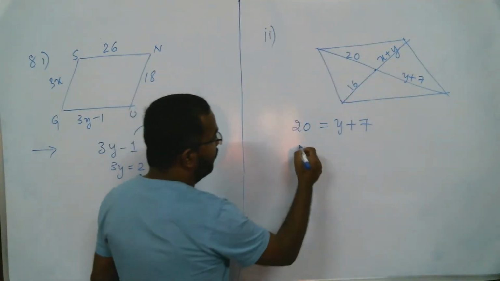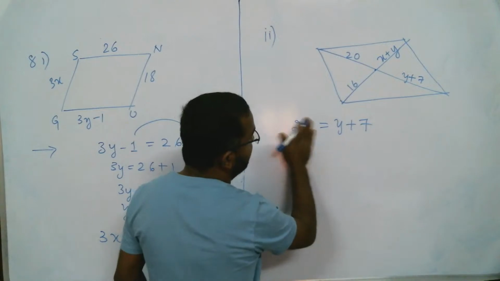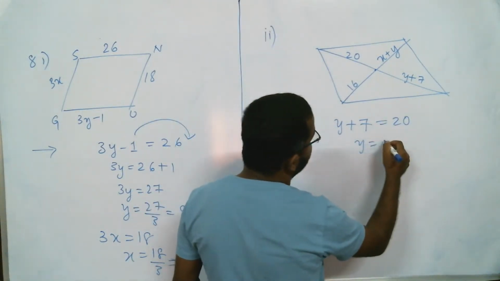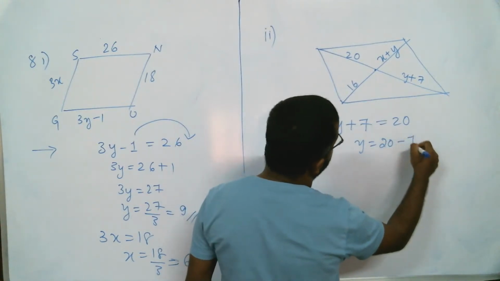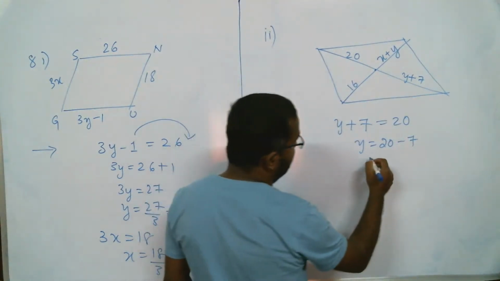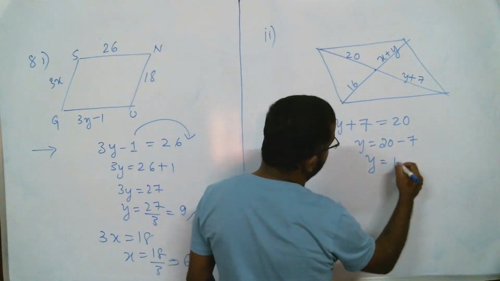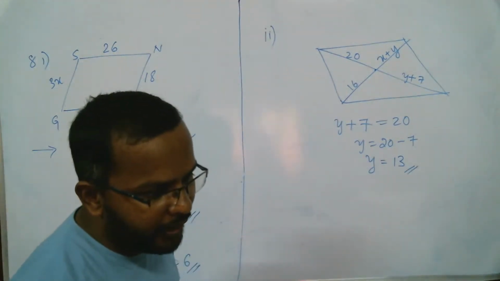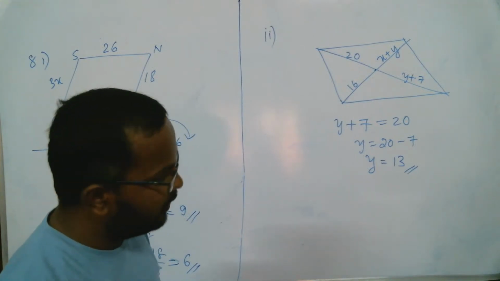So y plus 7 is equal to 20. Then y is equal to 20 minus 7. You will get 13. So the value of y is 13.